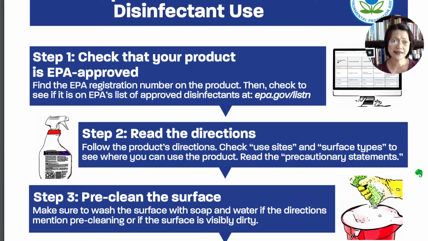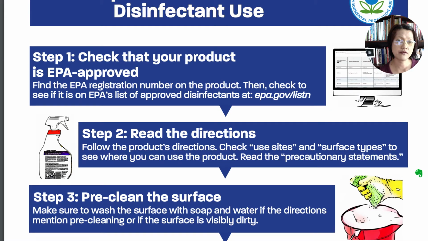What the EPA does is they make sure that the product is effective and safe. That if it makes a claim to kill the COVID-19 virus, that it really does kill that virus. And there are other claims that products make. So the EPA makes sure that when products make those claims, those claims are accurate.